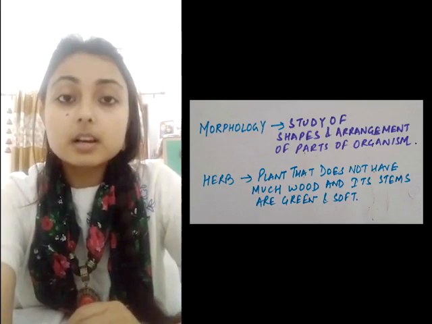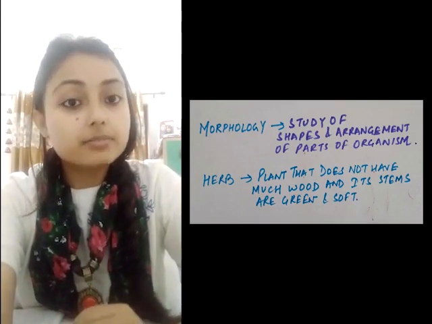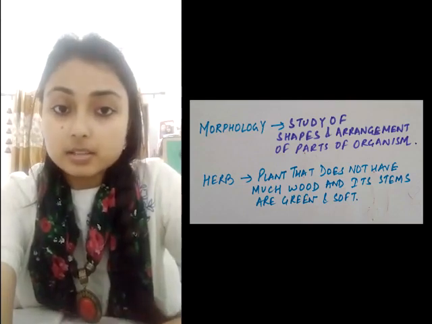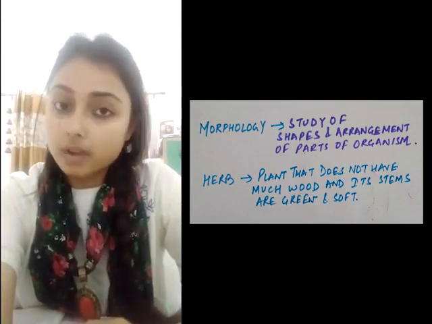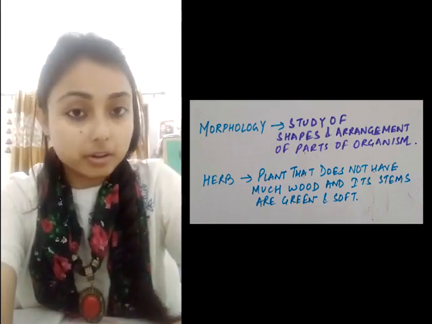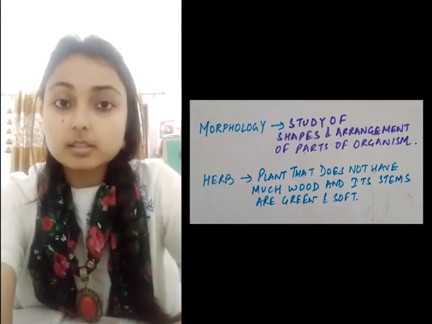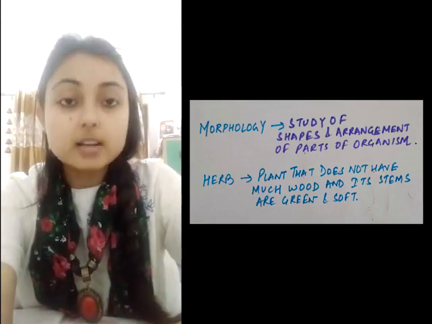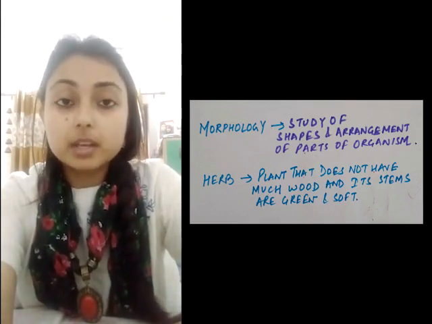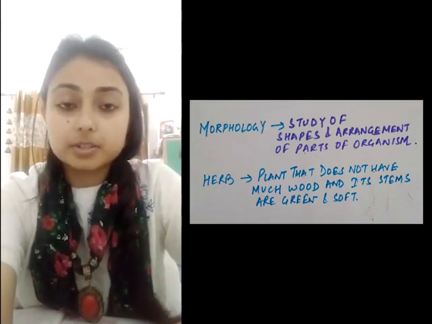So incisor and canine have different morphology, different structure. That is the reason they have different function. So I repeat, morphology is a biological term and it is the study of the shapes and arrangement of parts of organism in order to determine their function.